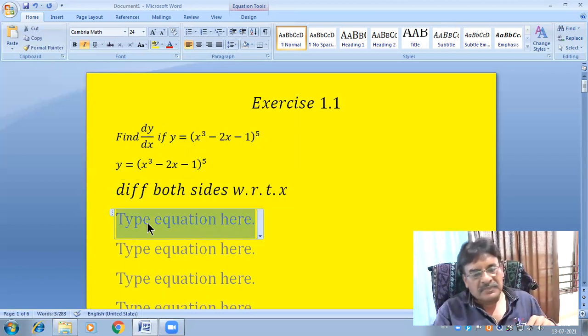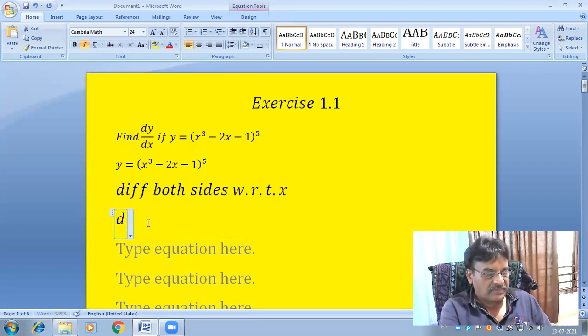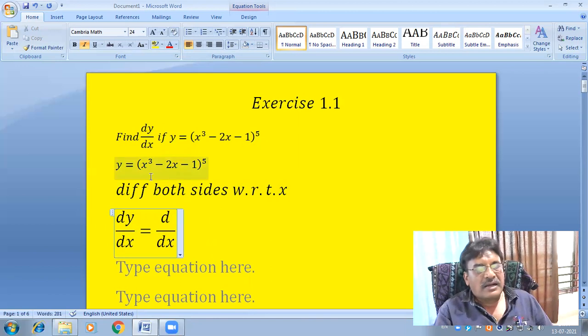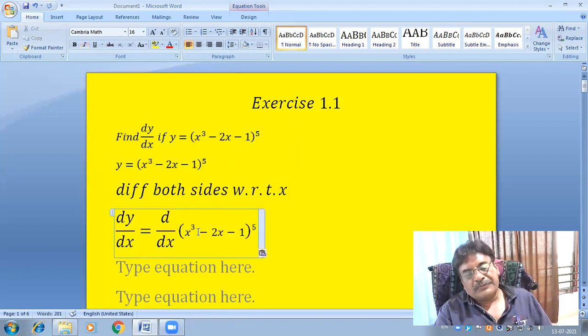Therefore, ddx of y, that is dy by dx, is equal to ddx of the right hand side function, (x cube minus 2x minus 1) to the power 5.